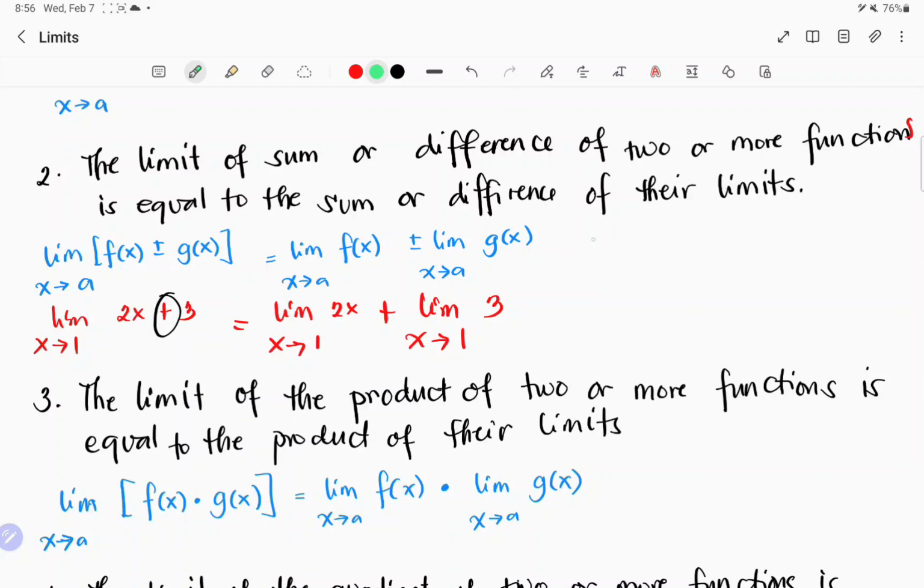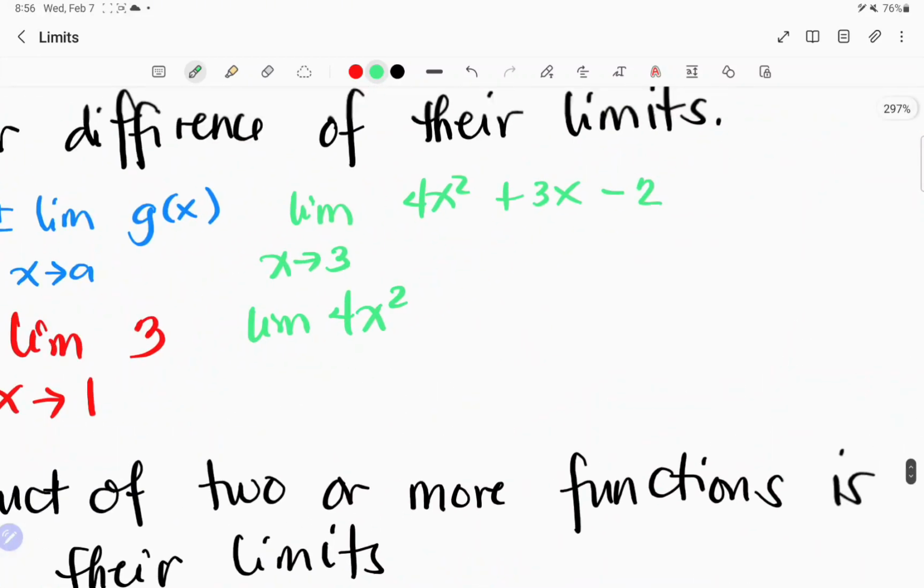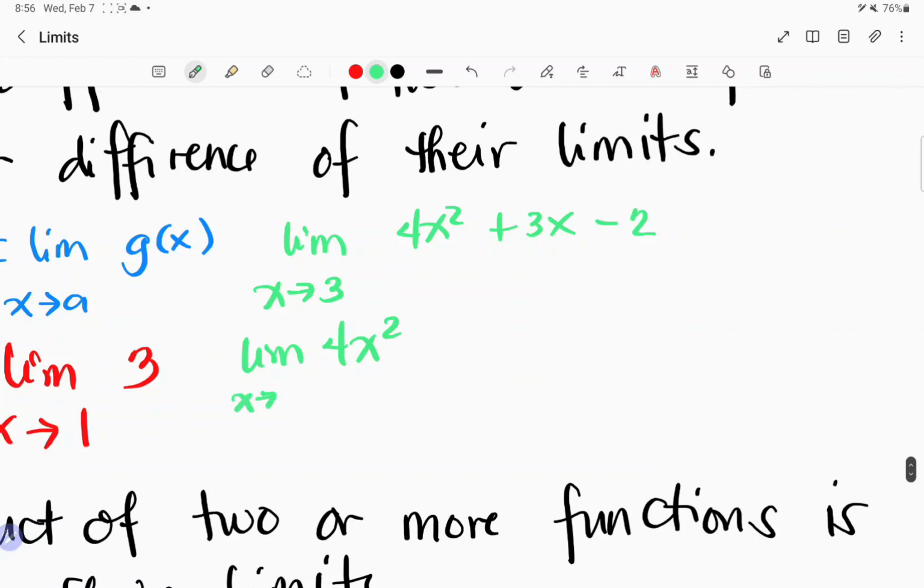Another example is if we have a limit of 4x squared plus 3x minus 2 as x approaches 3, we could rewrite this as the limit of 4x squared as x approaches 3 plus, since this is plus, the limit of 3x as x approaches 3, and then we have minus here.